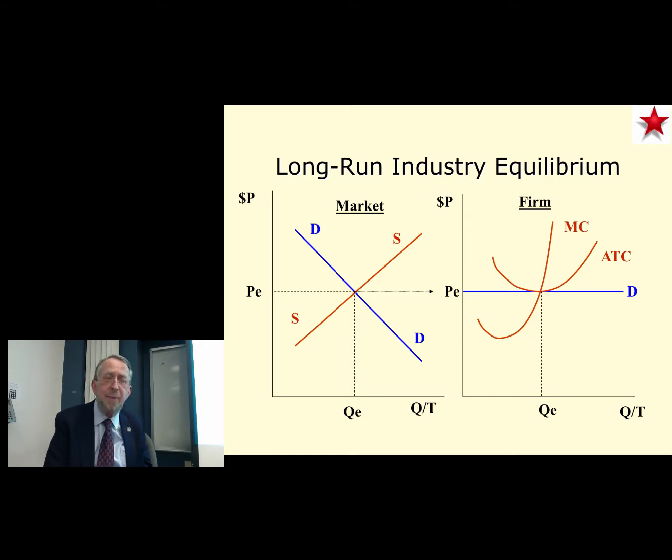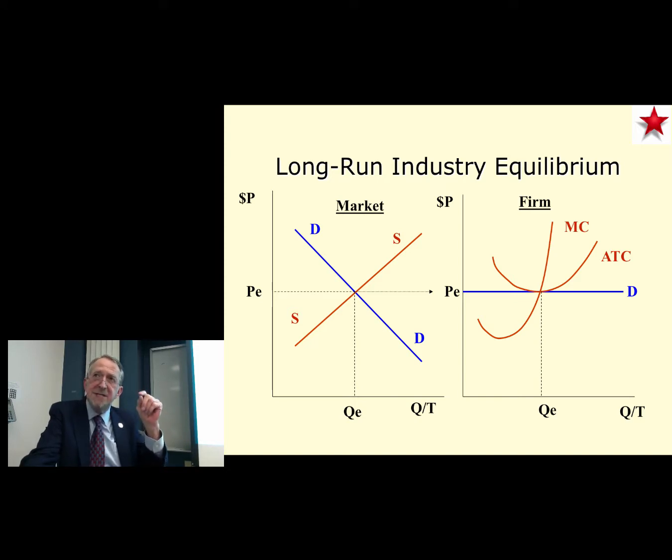Zero economic profits. How does that sound? You're making zero profits. How are you doing? It doesn't sound good, right? But here's the key. Remember that economists include opportunity cost as part of average cost or as part of total cost.